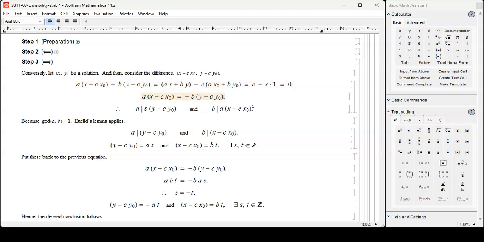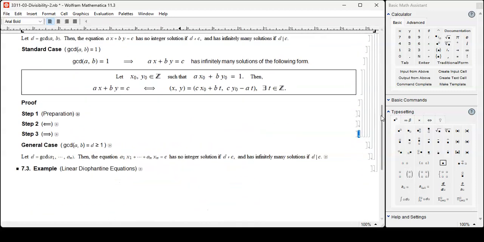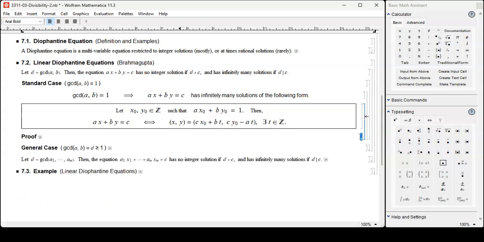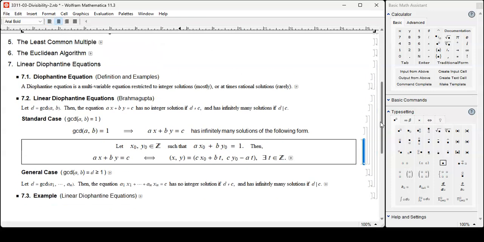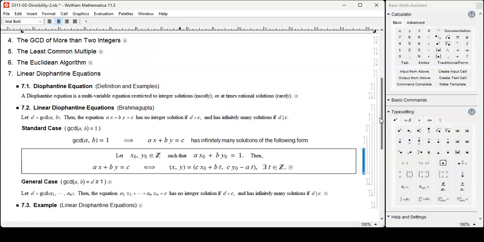But arranging like these and applying Euclid lemma, that was ingenious. So we have the proof of the standard case. The general case looks like we'll have to continue in the next video.